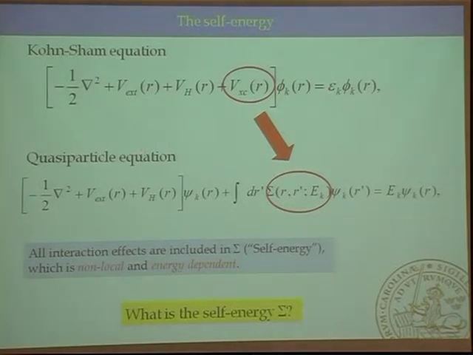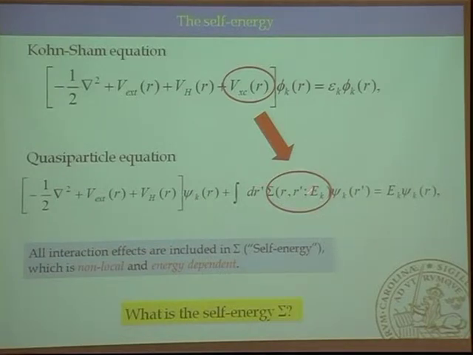So the correct way of calculating the quasi-particle energies is by solving these quasi-particle equations. More properly, one should use equations for the Green's function and look at the peaks in the imaginary part of the self-energy. But to a good approximation, one could also solve these quasi-particle equations.